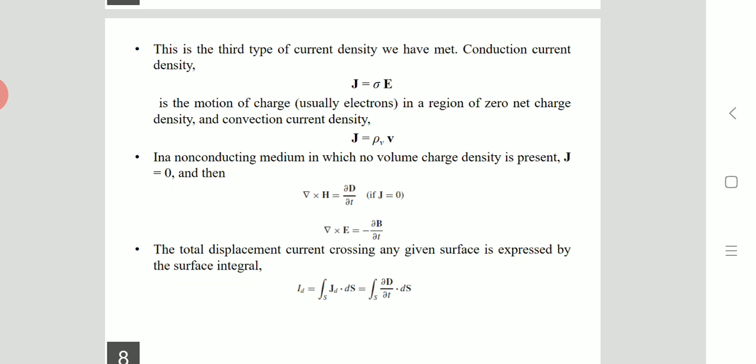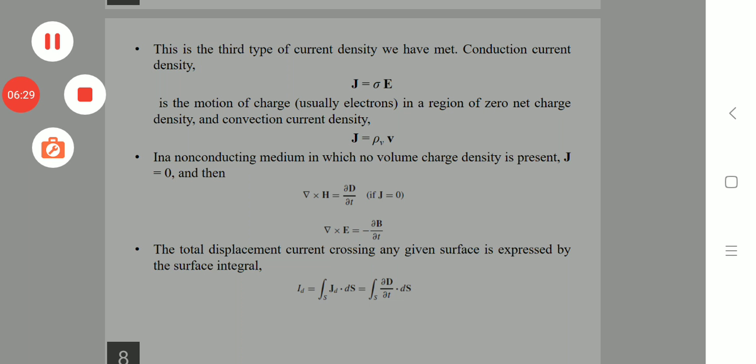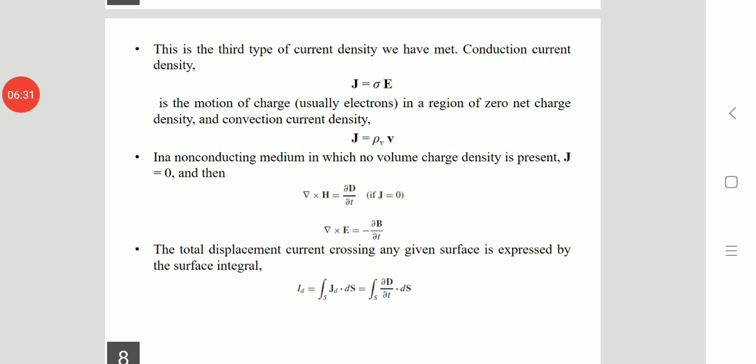Then it is considered as del cross H is equal to ∂D/∂t if J is 0.